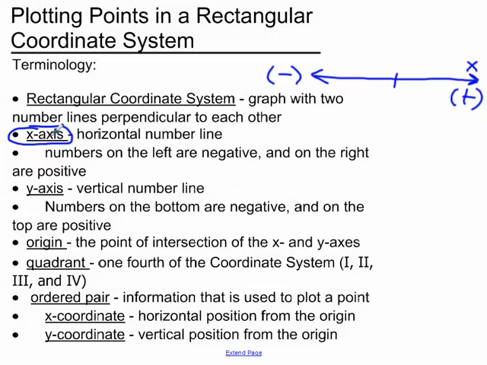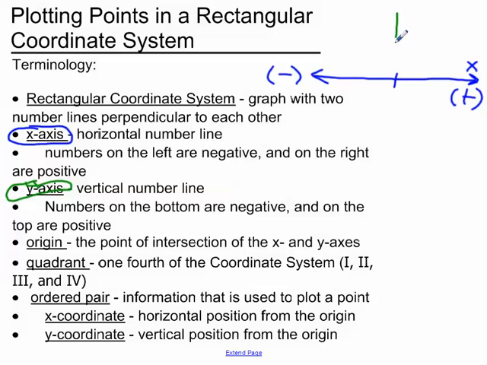If we're talking about our rectangular coordinate system, the x-axis is the horizontal axis, just like the horizon. If you're looking out at the horizon, that's what the horizontal axis is. If we talk about the y-axis, and that flashing stuff just comes from when I change pen colors, the y-axis is the exact same number line, but we're going to take that number line and turn it in a perpendicular way.